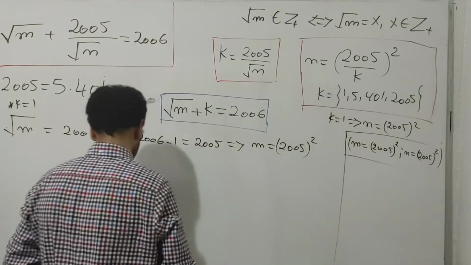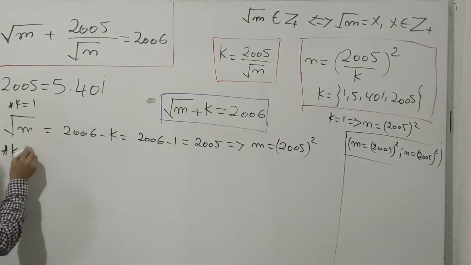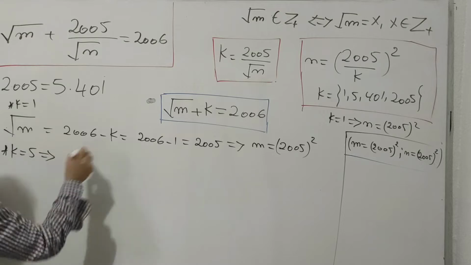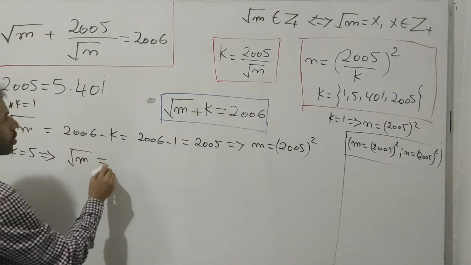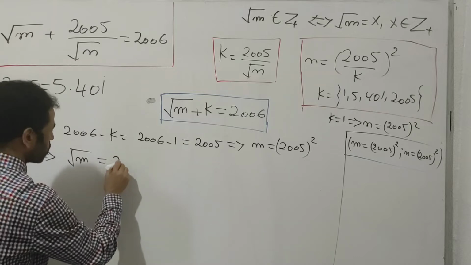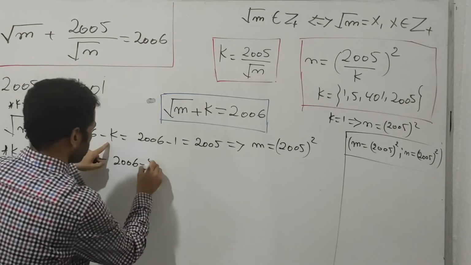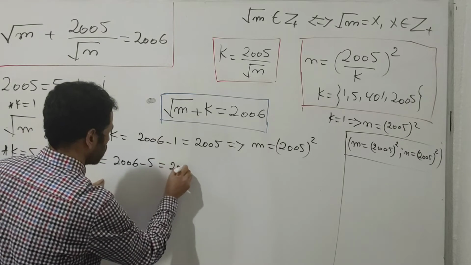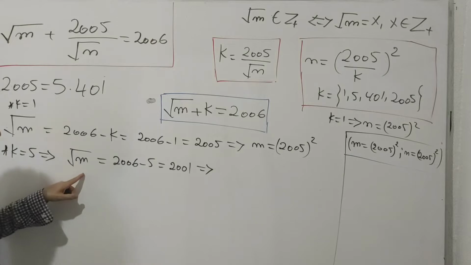For the second solution, k equals 5, I will have square root of m equals 2006 minus 5, which equals 2001. To find m, I'm just raising both sides to the power 2.